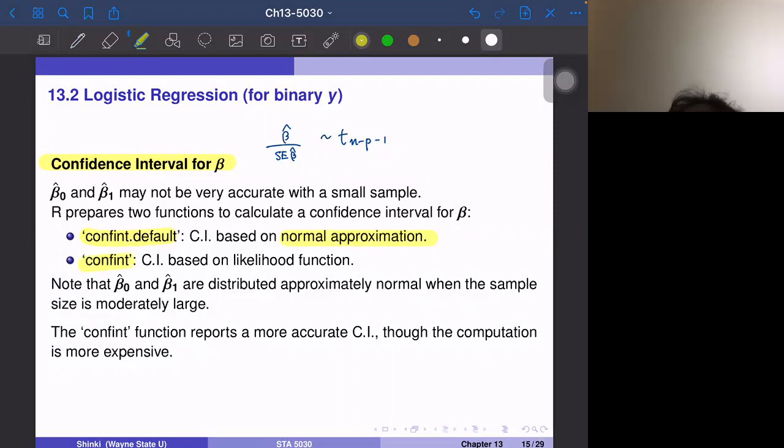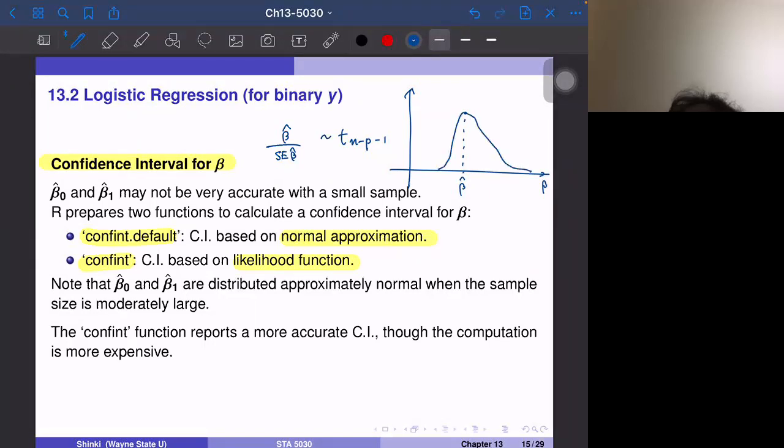Another method is to use the likelihood function. The distribution of beta hat may not be symmetric. Some beta values have a higher likelihood, so we define the highest point as beta hat, but the distribution may not be symmetric, maybe like this kind of distribution.